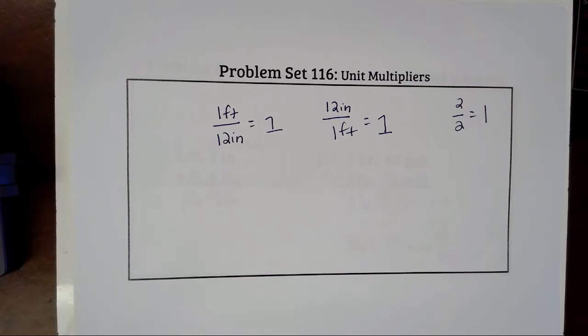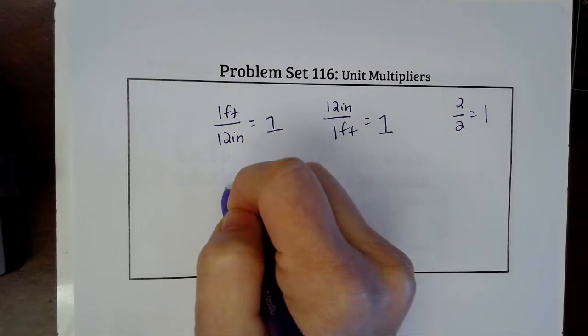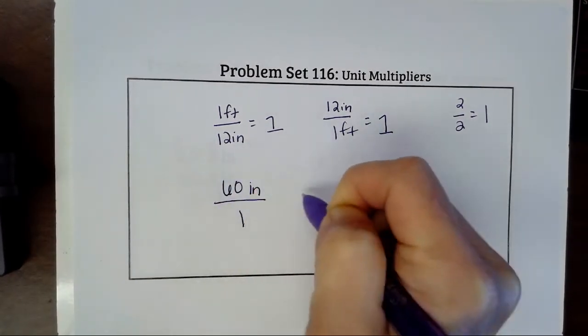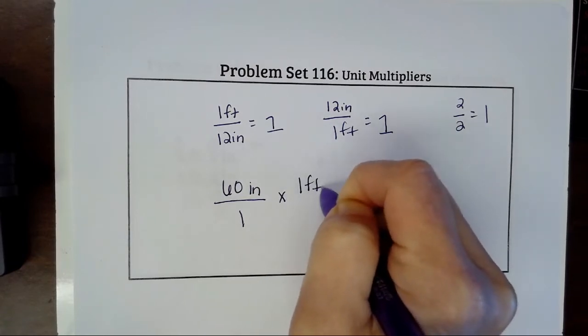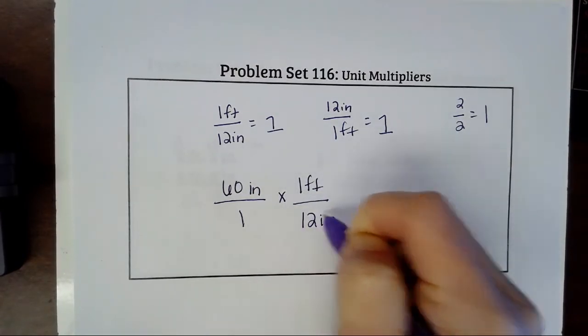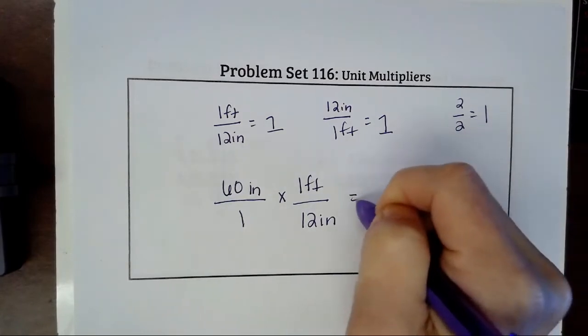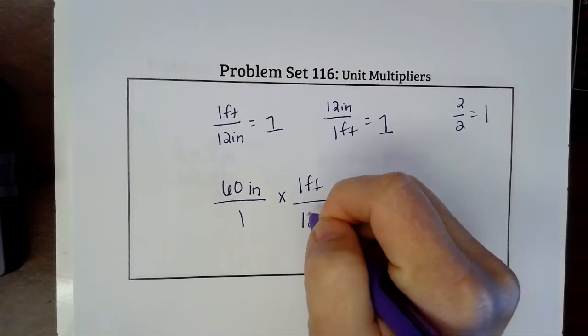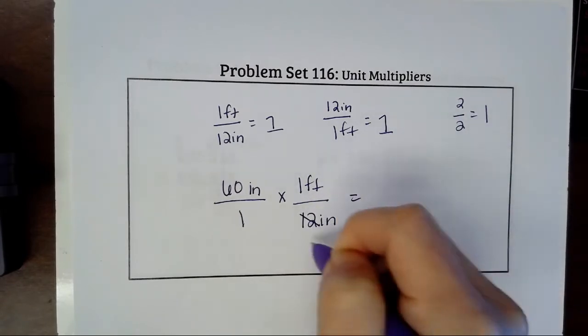So unit multipliers help us convert from one unit of measure to another. If we want to convert 60 inches to feet, we may multiply 60 inches by the unit multiplier, and we can figure out by reducing down 5 times 1.